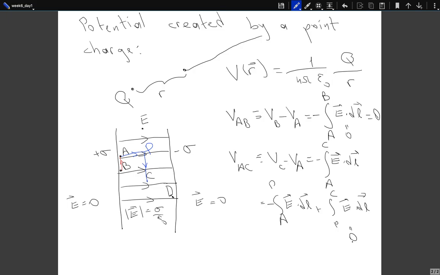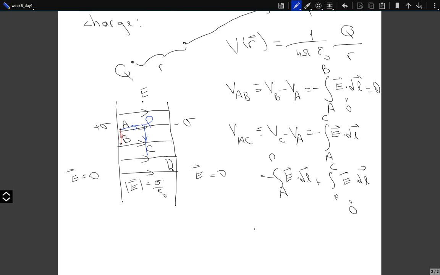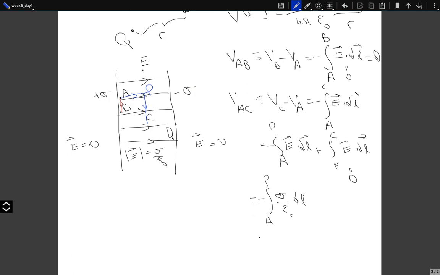Well, let's look at this one. From A to P, what is the direction of E? In that direction. What is the direction of dl? It is also in the same direction. So this is minus, the magnitude of E is sigma over epsilon 0 times dl from A to P. This is equal to minus sigma over epsilon 0 times the distance between P and A. Is this positive or negative?